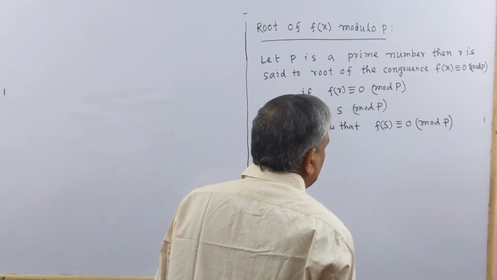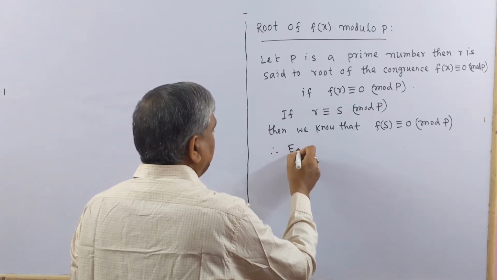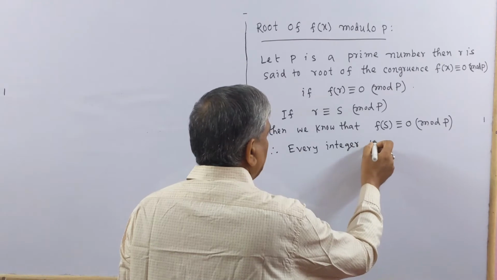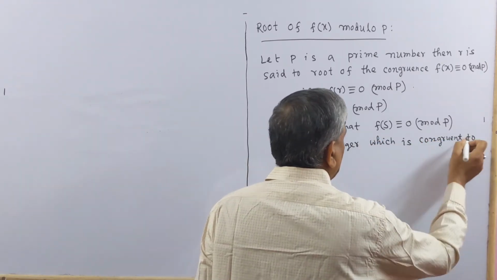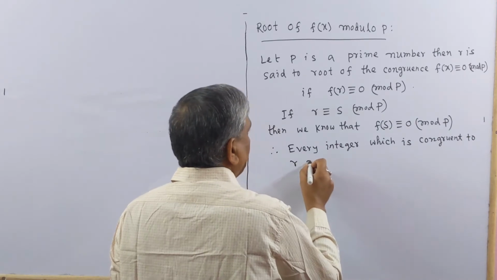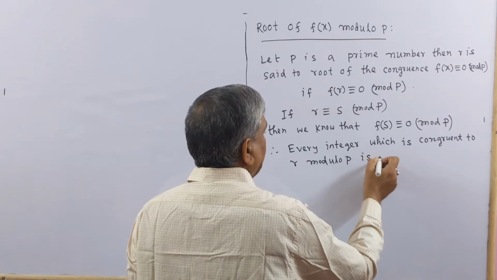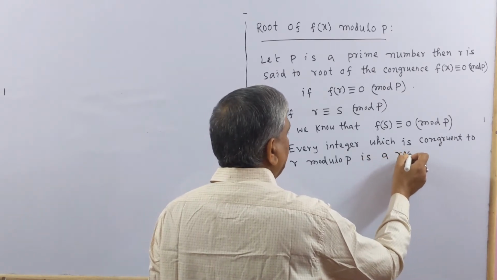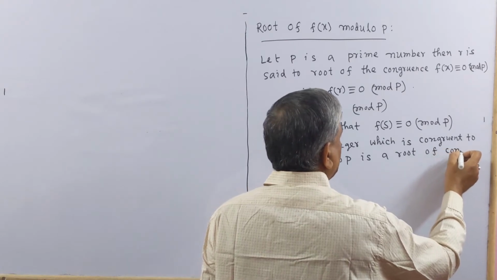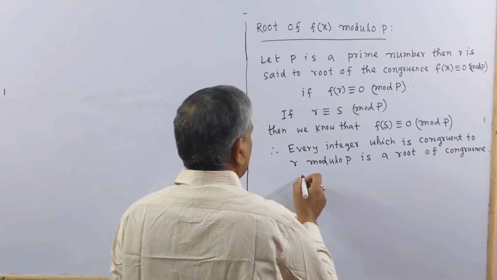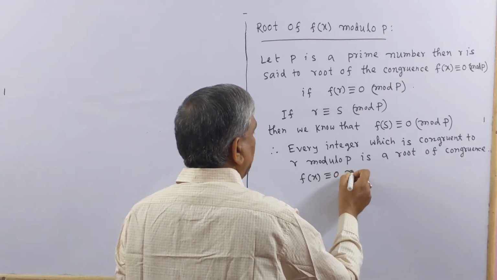Therefore, every integer which is congruent to r modulo p is a root of the congruence f(x) is congruent to 0 modulo p.